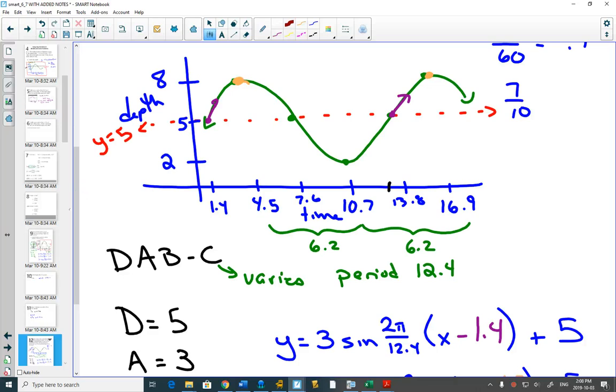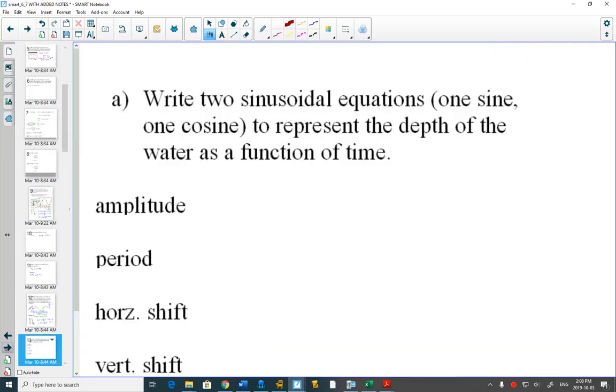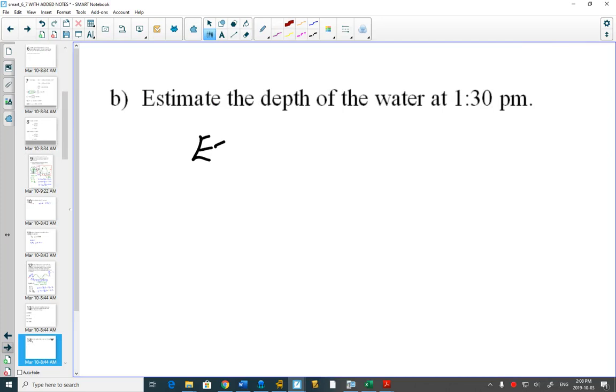At 13.5. 13.5, right there, my estimate would be 4 meters.